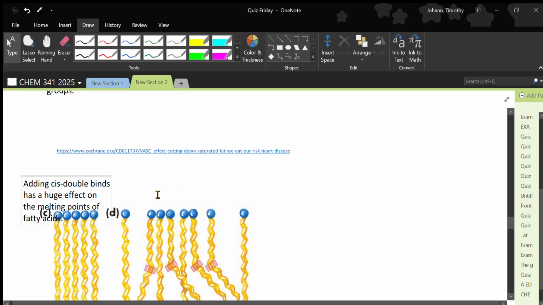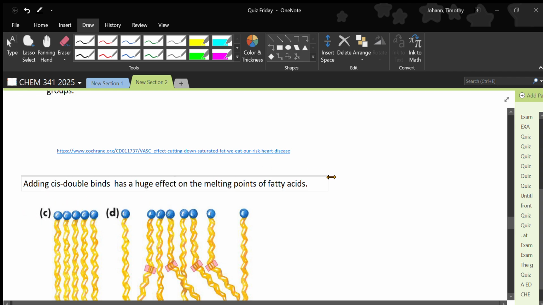It's going to affect how much they stick together. And this may actually be related to this not very large difference you see in terms of fatty acids and heart disease, right?